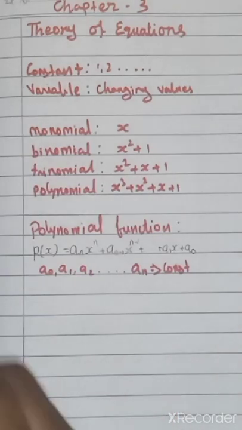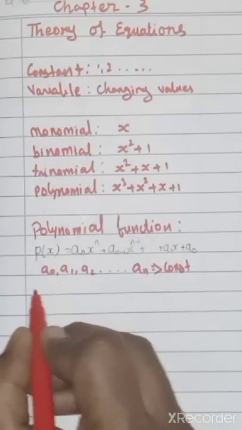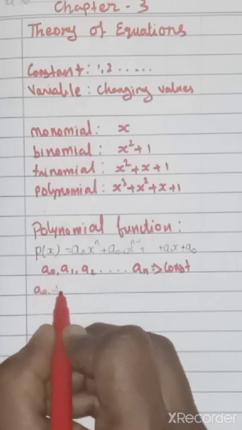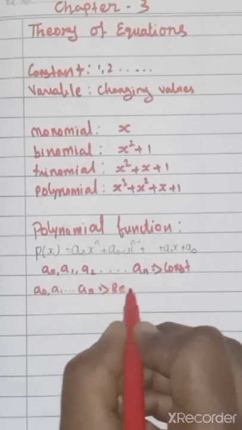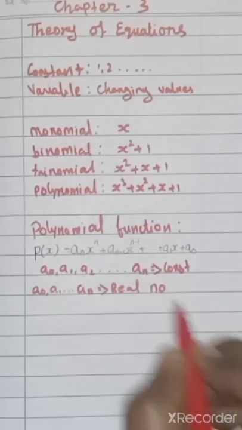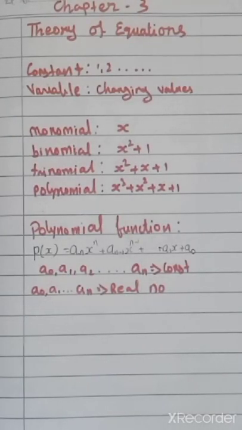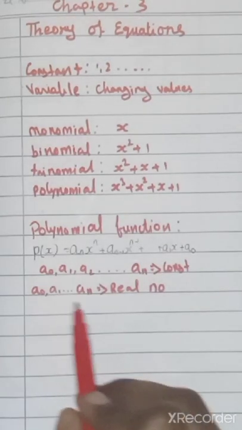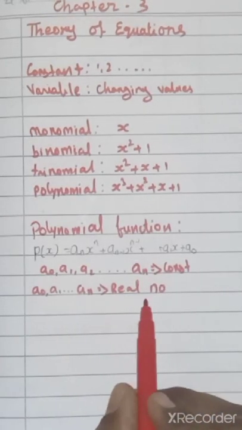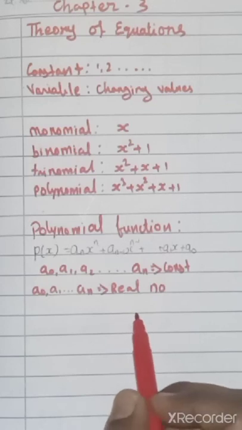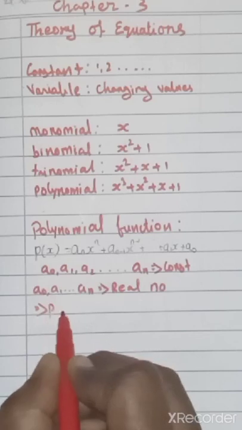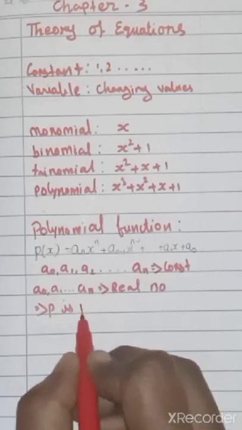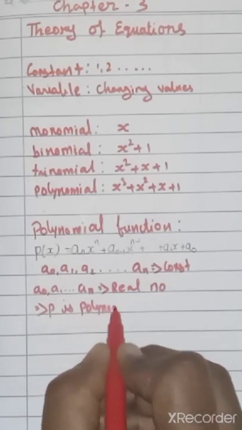If suppose this a naught, a1, etc., an is a real number, a real number means any value from minus infinity to plus infinity, correct? So if a1, a2, an are real numbers, then we can say that p is a polynomial equation.